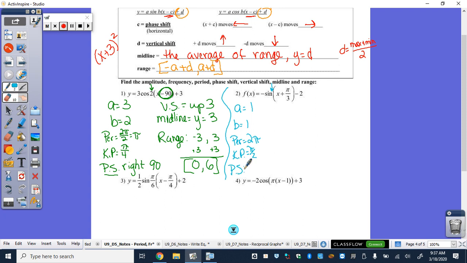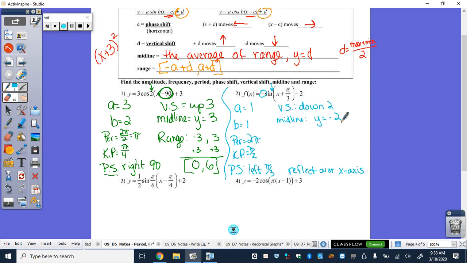We have a phase shift. Because it's plus, that means it'd be to the left, pi over 3. We also have it reflecting over the x-axis. That's what that negative sign out in front does. It reflects it over your x-axis. Vertical shift down 2, which means our midline would be at y equals negative 2.